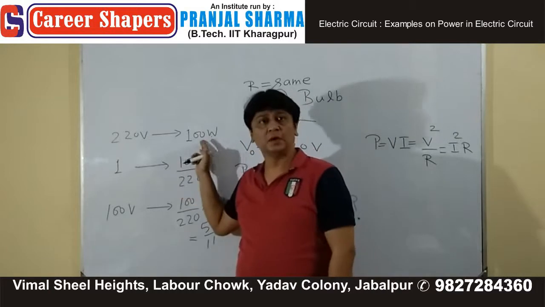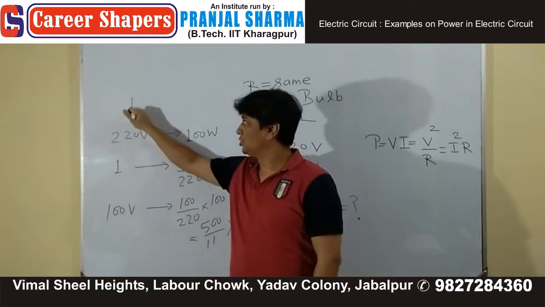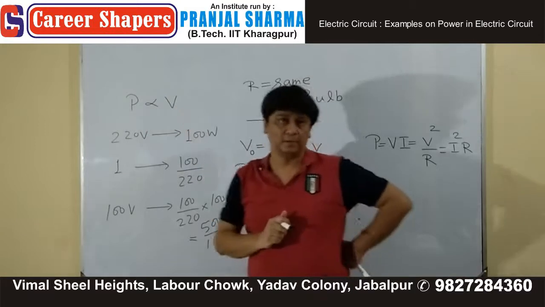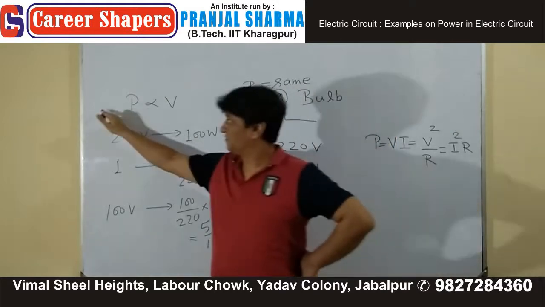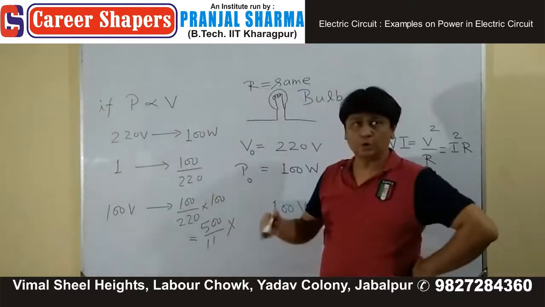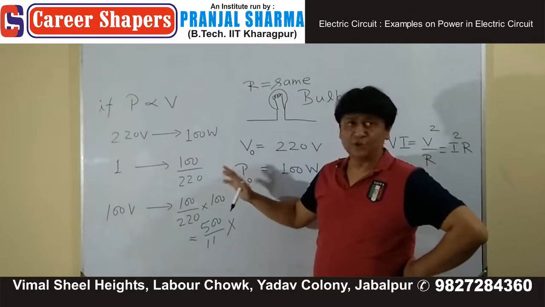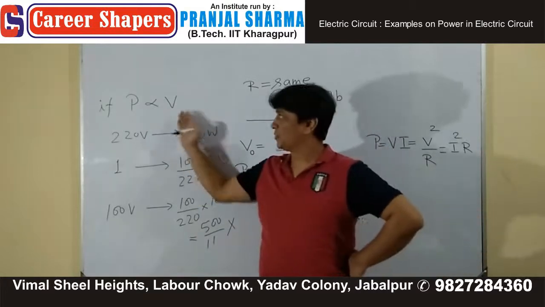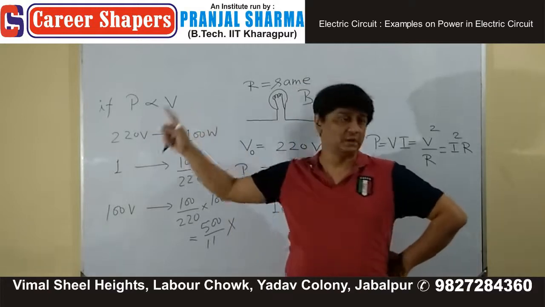This type of thing is valid for linear variation. Linear variation means if you say that P is proportional to V, then you can use this argument. Those of you who answered this, make a cross and mention that this approach would be correct if P is proportional to V. Now, when will P be proportional to V?